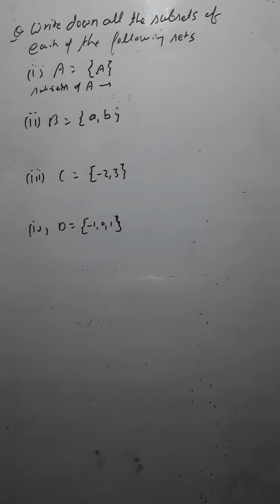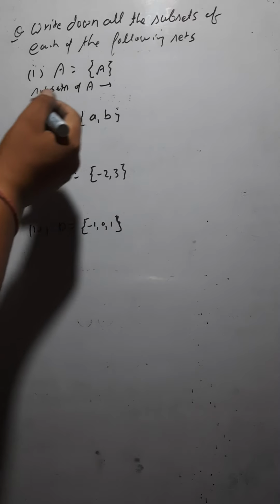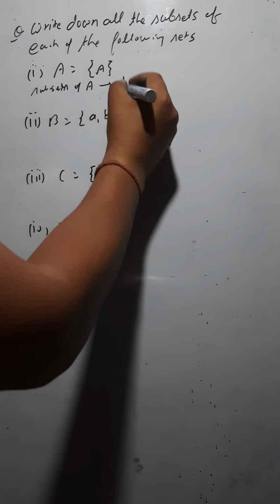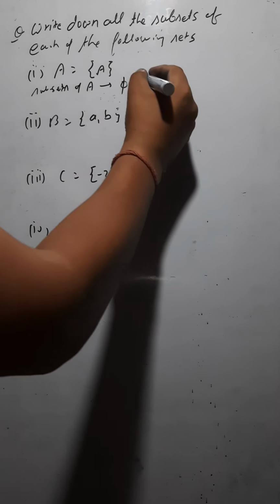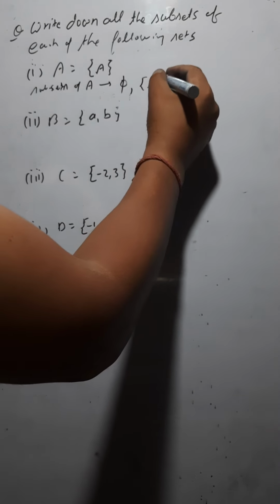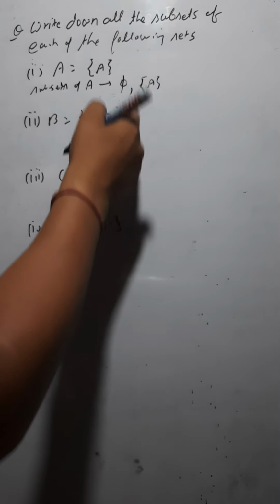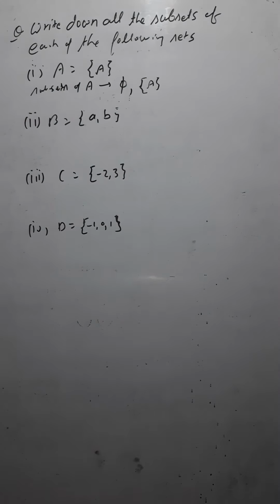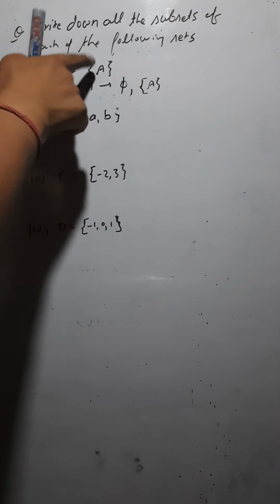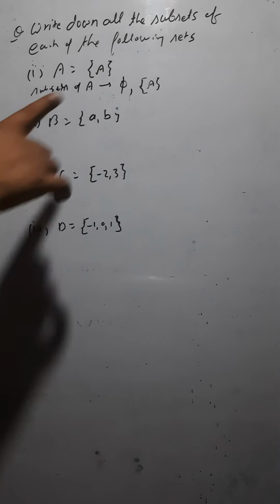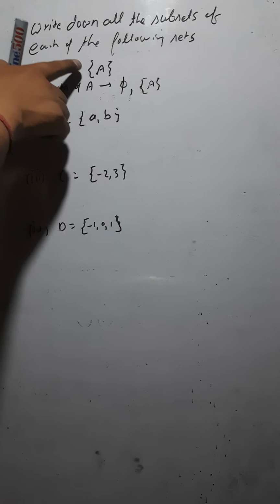So the subsets of A: the first one would be phi. The second one is A itself. A itself is also a subset. So these are the two subsets of A. Phi and set A both are subsets of the given set A.